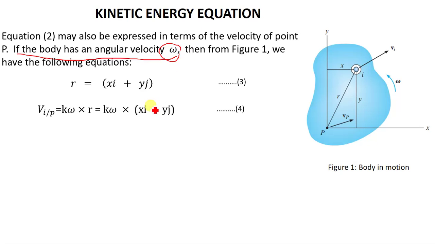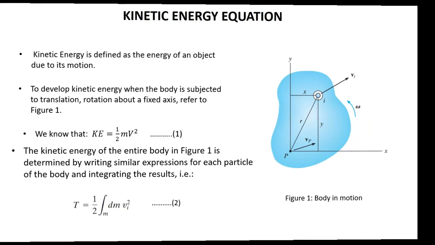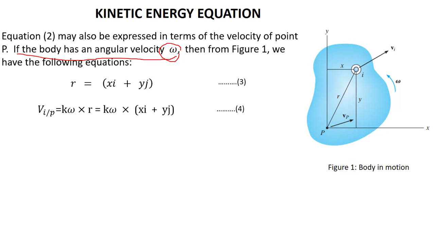So when it's rotating, you introduce another component which we call omega, but this omega will be considered to be in the z-axis, and for that reason we're going to give it a position vector k.